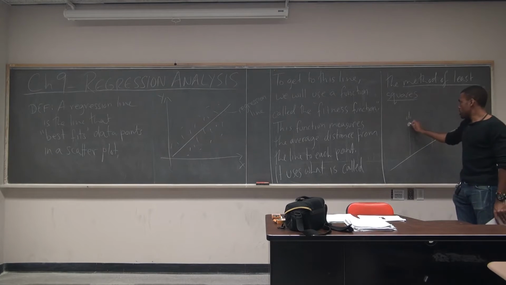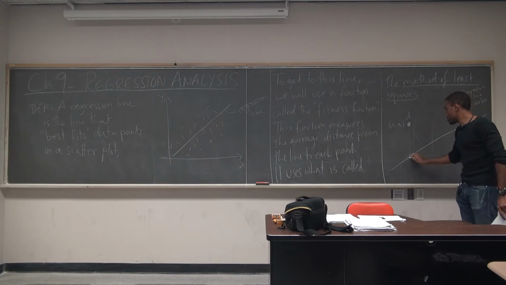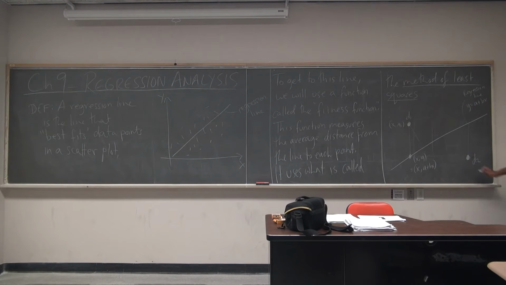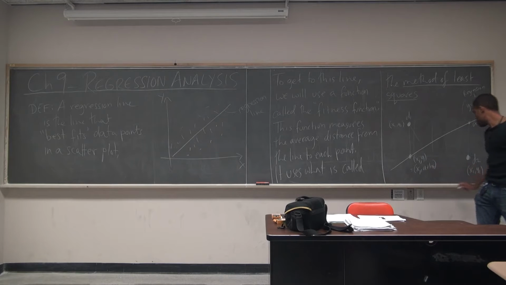So I'm going to measure the coordinate from this guy, call this x1, y1, to the point on this line, x comma a plus bx, which of course is the y coordinate. Similarly here, if this is x2, y2, measuring it to the point, I'm keeping the x value fixed here. So this would be x2 comma a plus b x2.